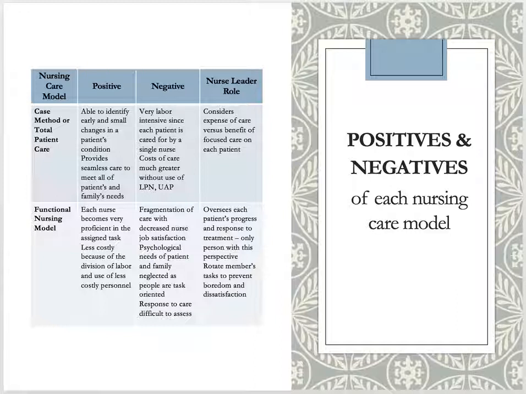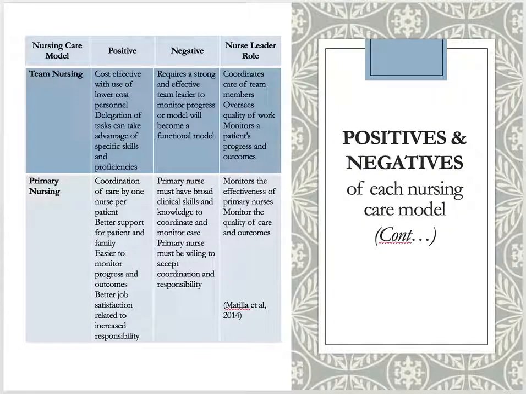First up, we have the case method or total patient care method and the functional nursing model. You are also able to pause at any time. Next up, we have the team nursing model and the primary nursing model. Again, you are able to pause at any time to read through that.